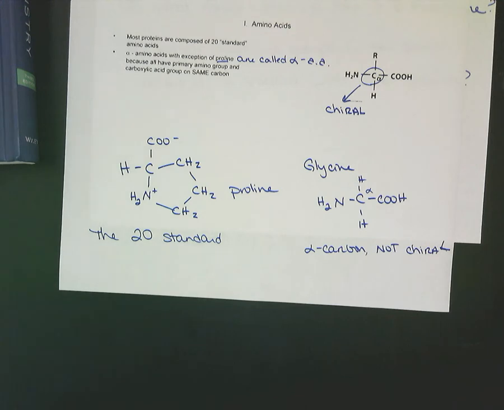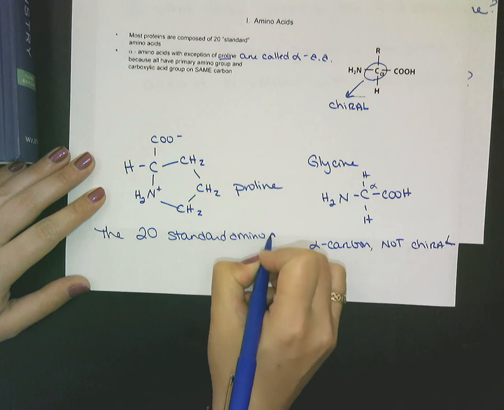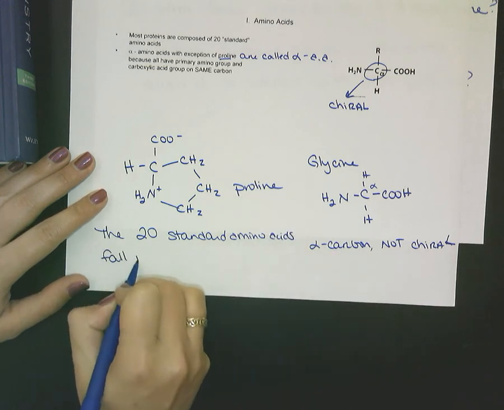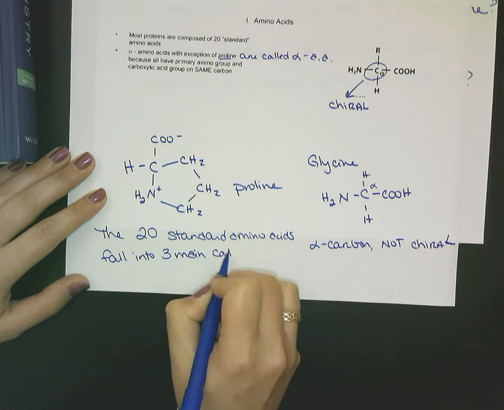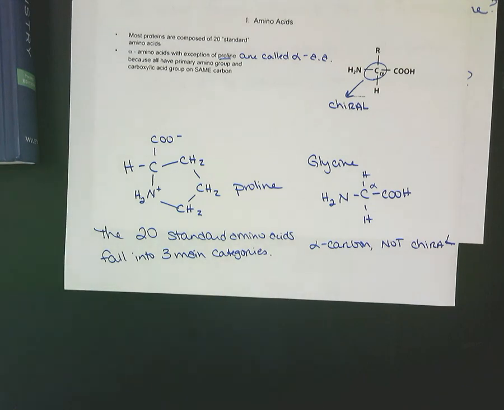All right, so the 20 standard amino acids fall into 3 main categories with respect to their R group.